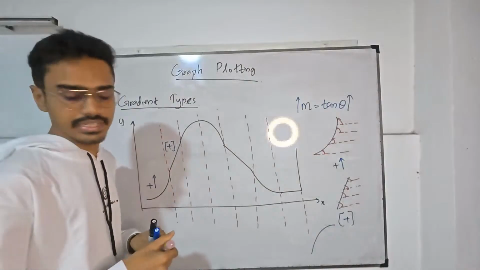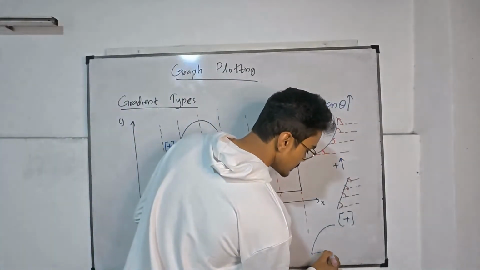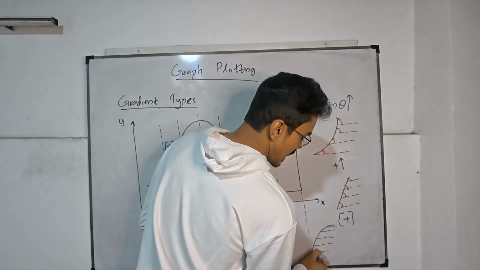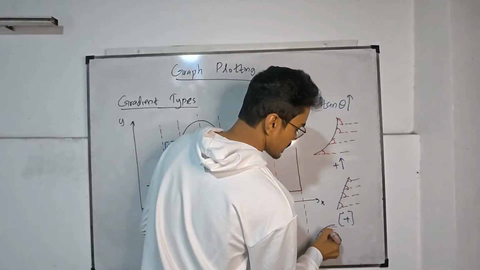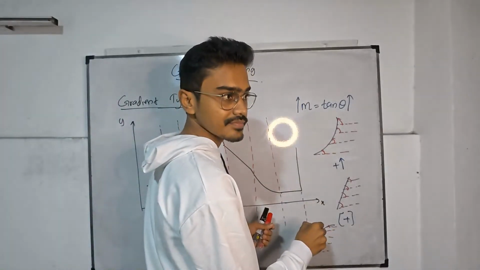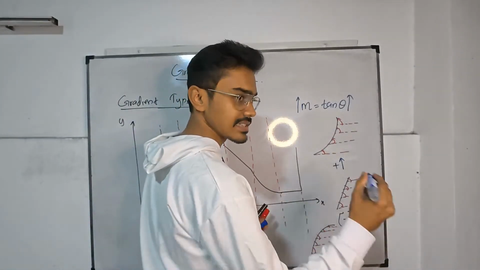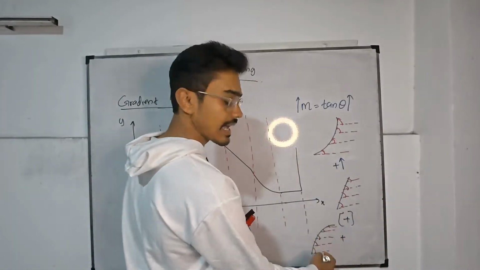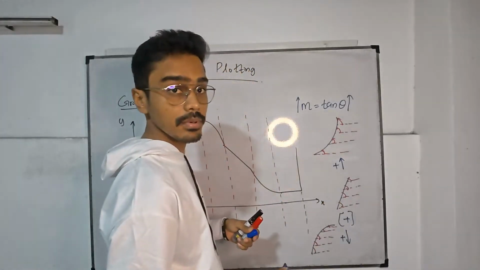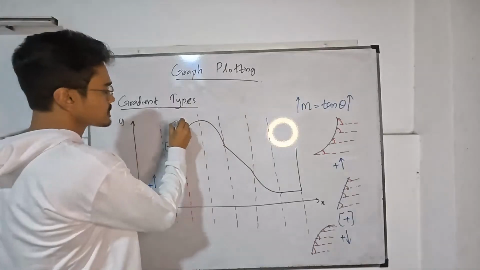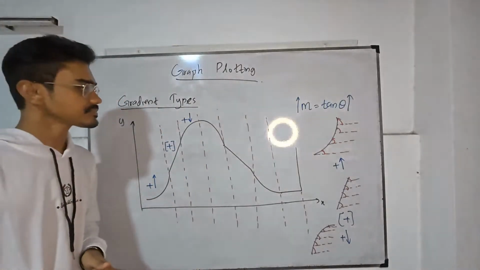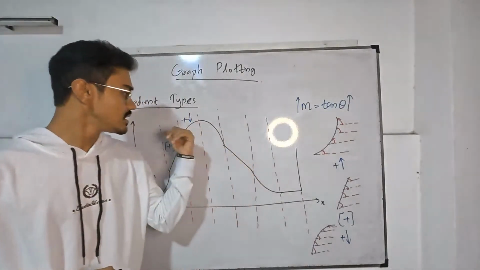If I check the angle with the horizontal, this angle decreases along the graph. The angle decreases, but still it is an acute angle. Since it is acute, gradient is plus. When the angle decreases, gradient decreases. So that's called a positively decreasing gradient. I'll explain the rest as well.